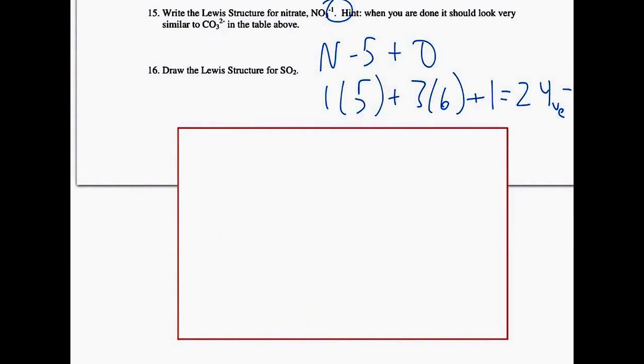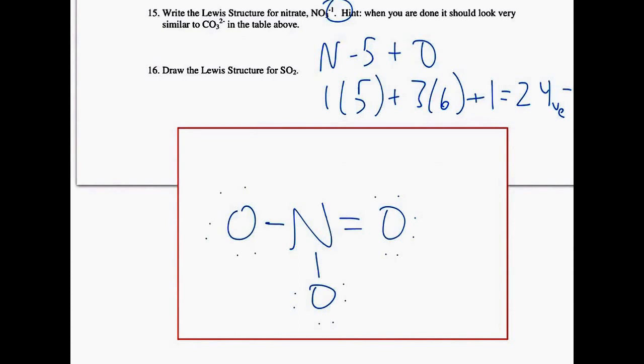And then this time, since we had too many electrons, we're going to try it with a double bond to one of those O's. So now this N, when I look at it, has 2, 4, 6, 8 electrons. And each O needs 6. So I'll put those dots around.